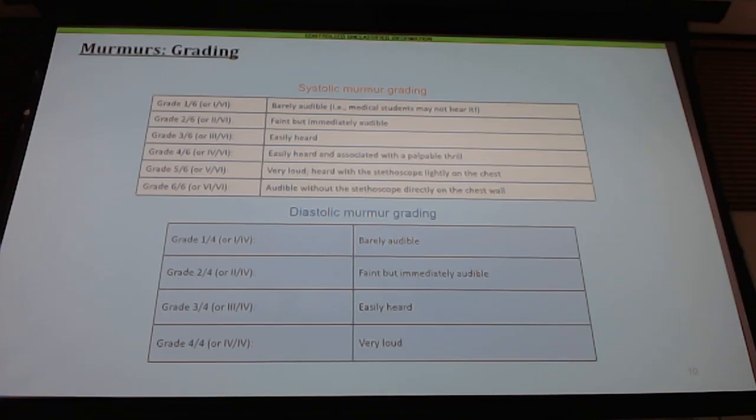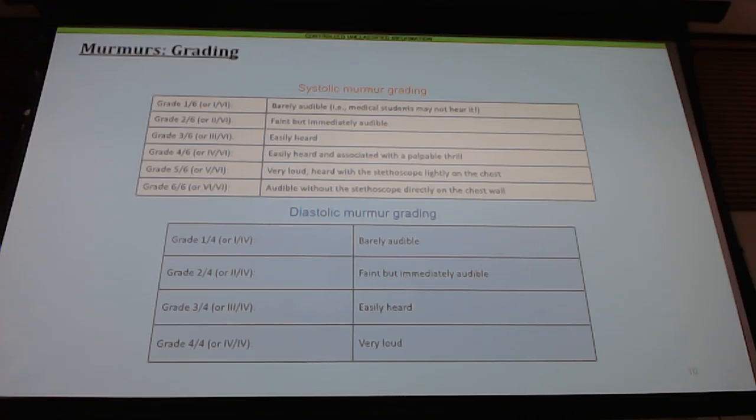The other thing that's important to remember when we talk about murmurs is the grading of the murmur. So systolic murmurs go from 1 to 6, and there is a meaning behind saying this is a 3 out of 6 systolic murmur.